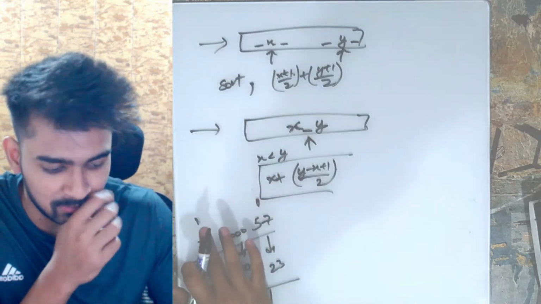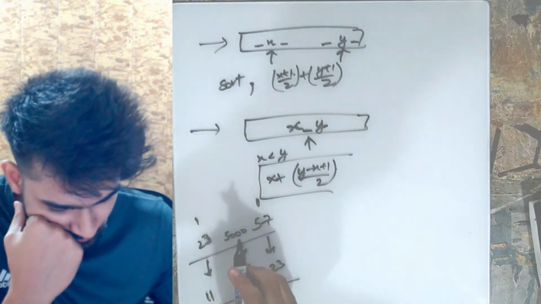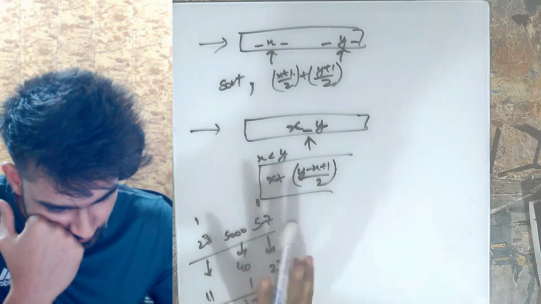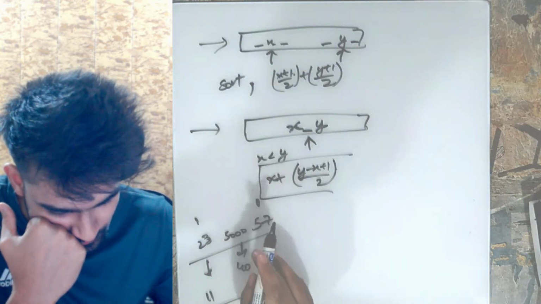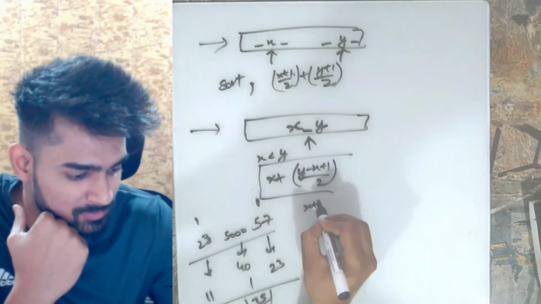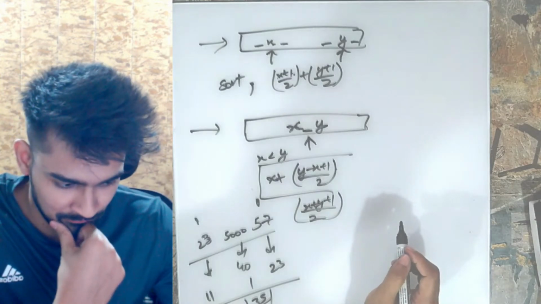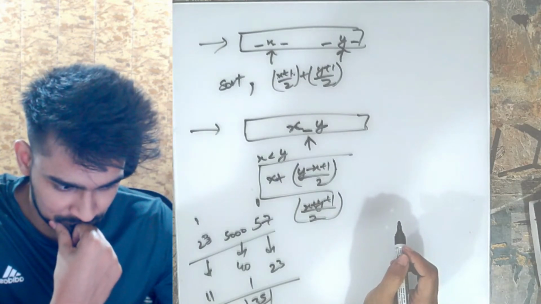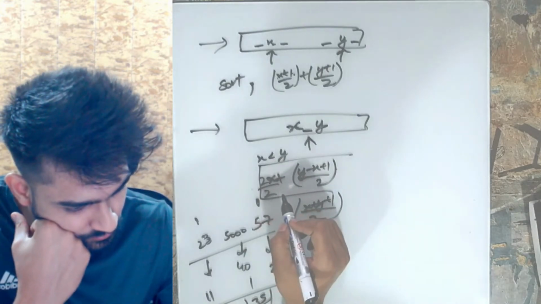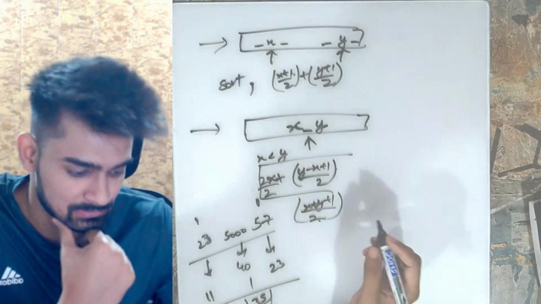What if this was 24? Will this still work? No, for 24 this would work then. It should be x plus y plus 1 by 2. Oh, this is that only. This is 2x by 2. So this is x plus y plus 1 by 2 only. Yes.